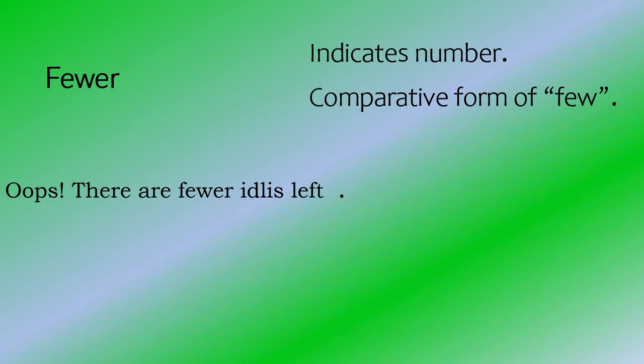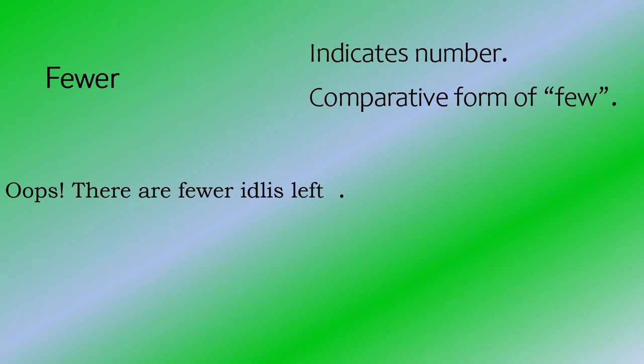But certainly we get an idea of minimum number of idlis. They are not up to our need. The number of idlis now in a plate or in a dish is not satisfactory, or is not enough to satisfy our needs, our present needs.